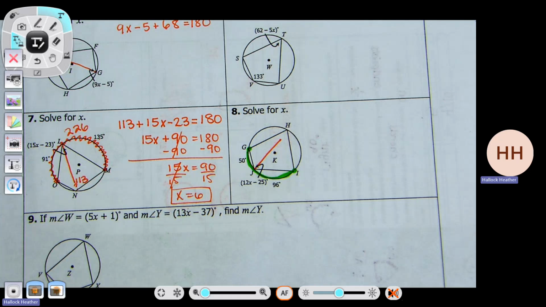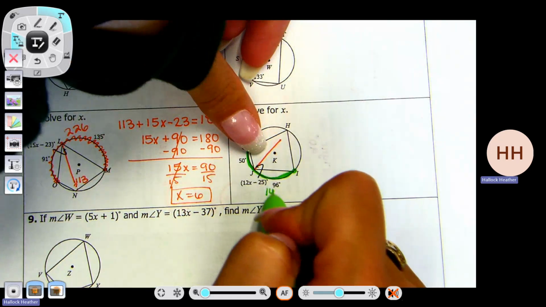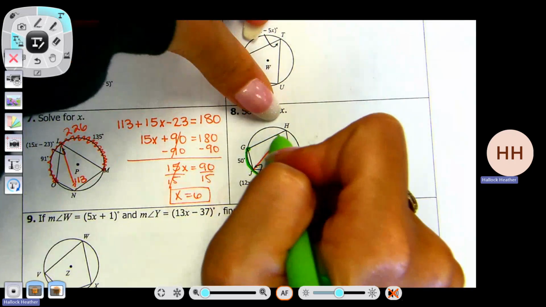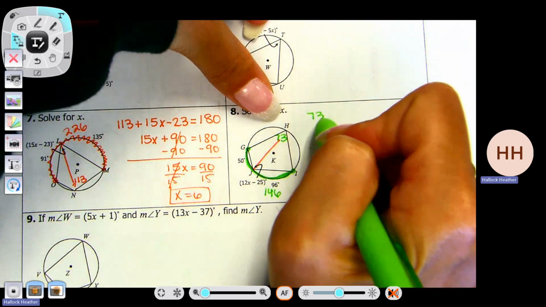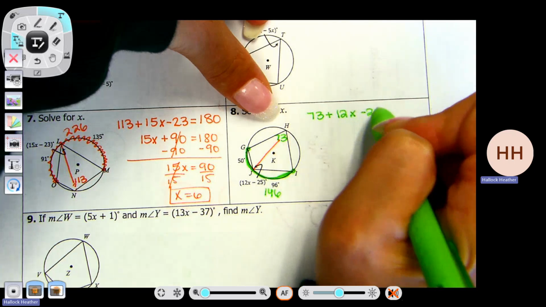So if I take 50 and I add 96, that makes 146. That's not H. How much is H? Yes. So you're using 73 and you're adding your other angle that's opposite.